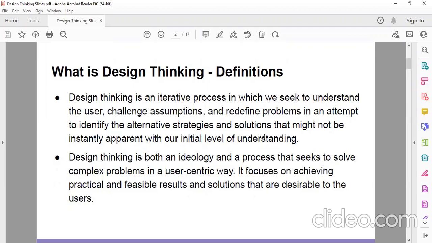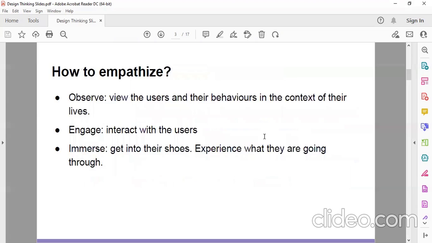So that is design thinking. If you don't get the concept now, you will get to know it as we go through all the slides.